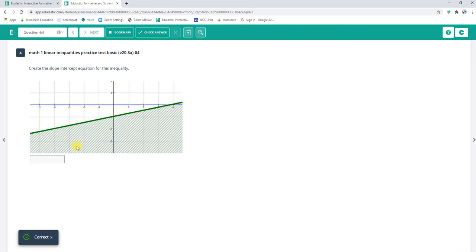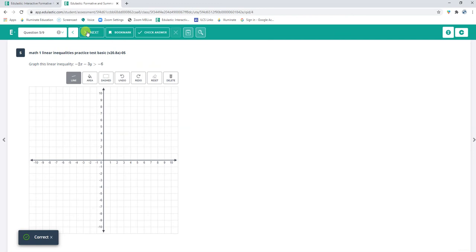Create the slope-intercept equation for this one. This was going to be y is less than or equal to 1/4 x minus 1. Check that answer. Looks good. Next one, I've got to graph it. It was between 2 and 3. It's a dashed line, and I'm shading under it.